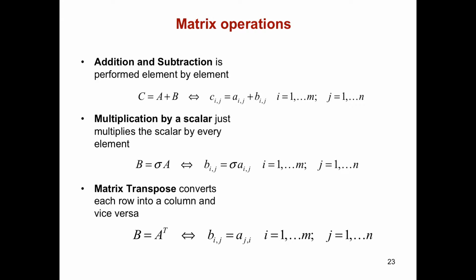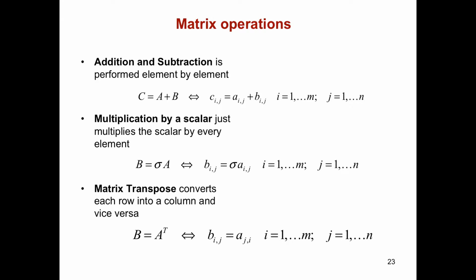So again, addition and subtraction. If you want to add two matrices, you will go to corresponding elements in the same positions i, j, and just add them up. And this is the way I write it for all rows and for all columns. Okay? And I have m rows and n columns.